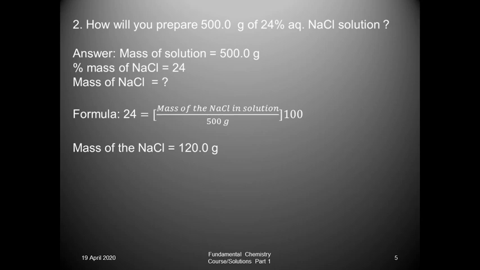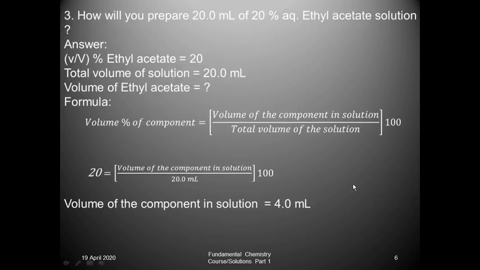Then next question. Only these concepts we are applying in the solution, and I am trying to help you understand it better. Your question is, how will you prepare 20 ml of 20% aqueous ethyl acetate solution? This ethyl acetate solution in your organic classes you are going to use to run TLCs. At that time you may require just 5 ml of ethyl acetate of different percentage concentration.